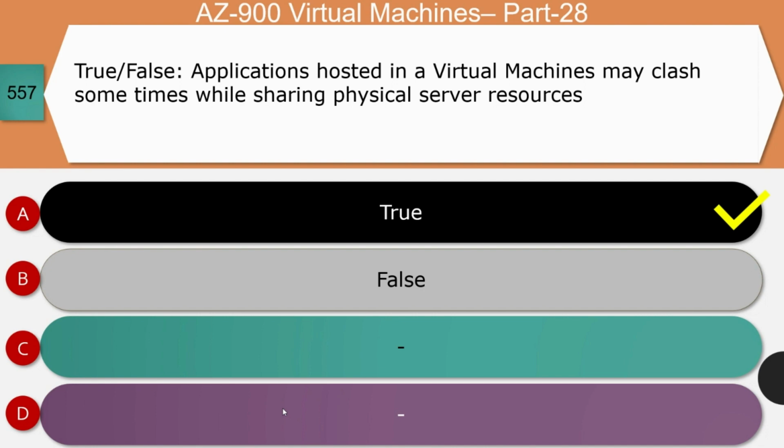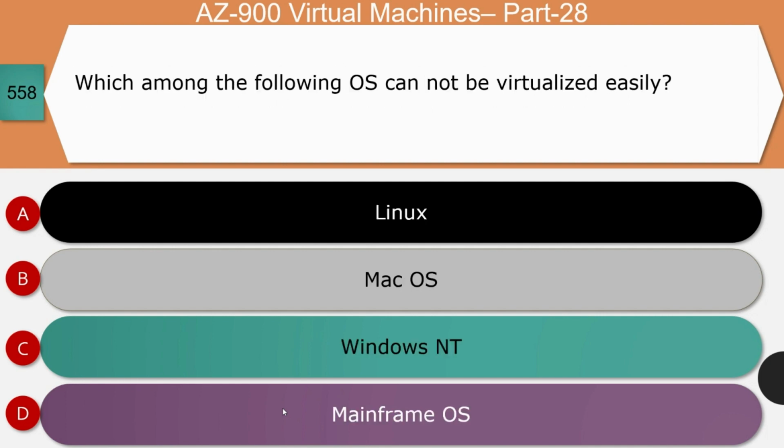If a virtual machine is using a large amount of CPU or memory, it can cause other VMs to experience slow performance or even crash. To mitigate this issue, administrators can use various techniques such as limiting the resources allocated to the virtual machine, using resource management tools, or using different types of virtualization such as paravirtualization, which allows for more efficient sharing of the resources. And so option A is the right answer.